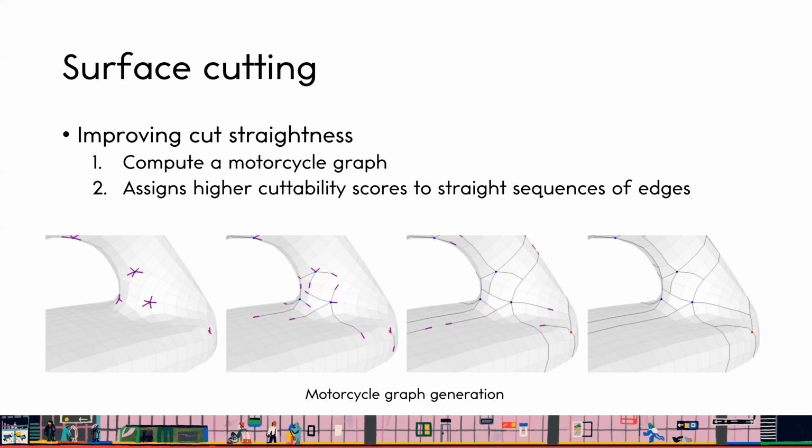A motorcycle travels across the mesh in a topologically straight fashion until it reaches a vertex that was previously visited by another motorcycle or is on the boundary of the mesh. When a motorcycle reaches a vanishing corner of a triangle, it randomly picks one of two possible straight edges. Finally, we assign a higher cuttability score to the straight sequences of edges.